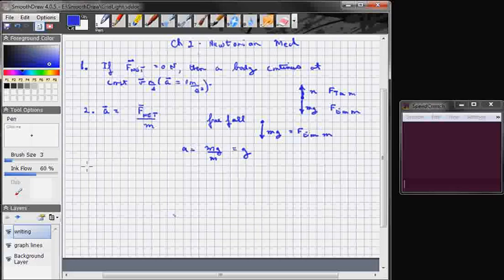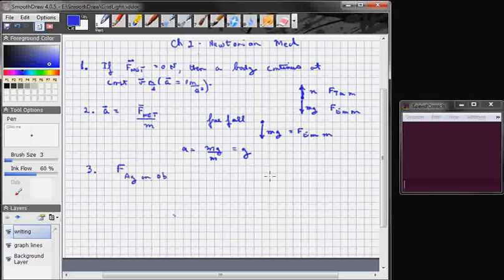Okay, Newton number 3 says that forces always come in pairs. And it says a little bit more than that too. It says that every force acting on an object has an agent. And so you always have the force of the agent acting on the object.